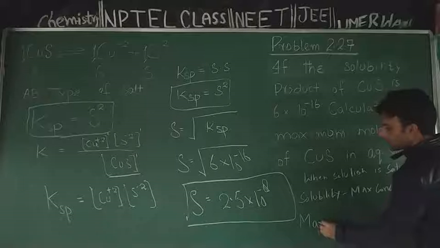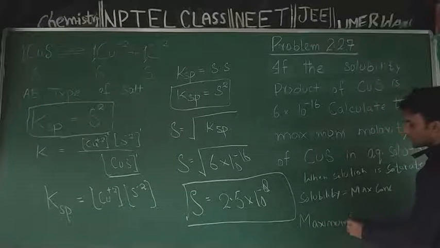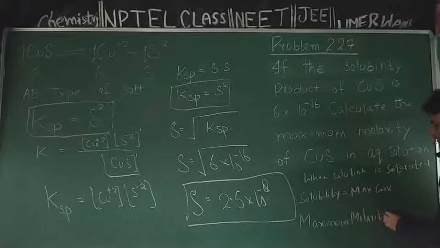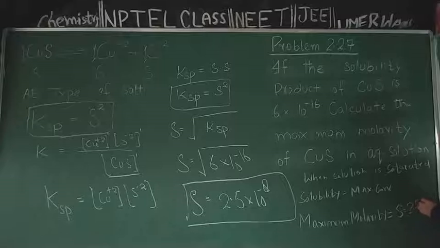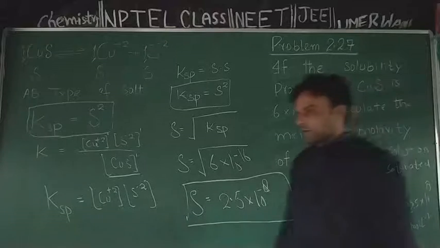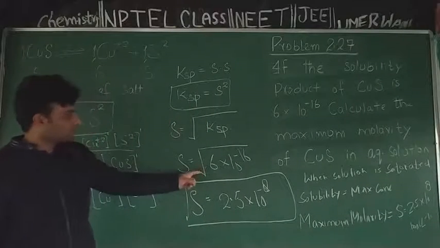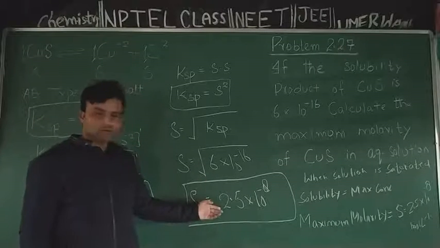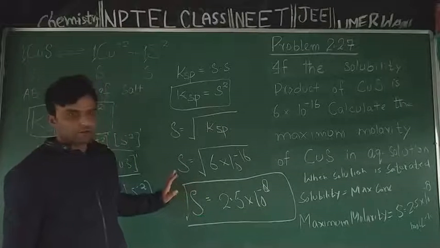So maximum molarity will be equal to solubility because the solution is saturated, and it is equal to 2.5 into 10 raised to the power minus 8. Because it is molarity, the unit will be mole per liter. I am not sure whether the square root of 6 is 2.5 or less or greater than that. Please check that. Otherwise, the rest is correct.